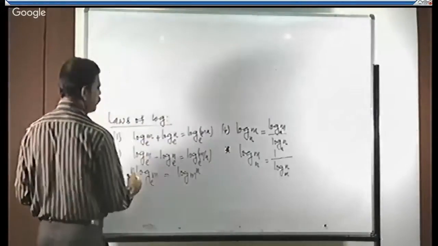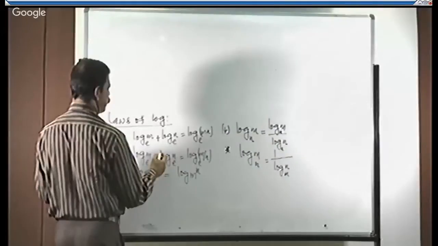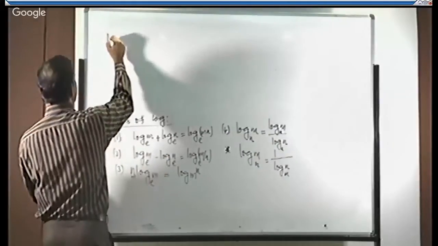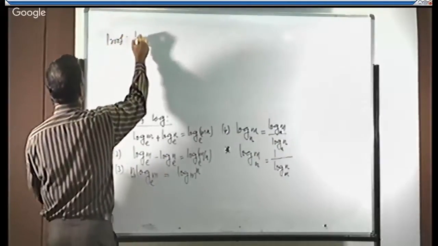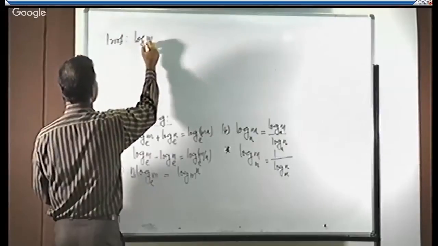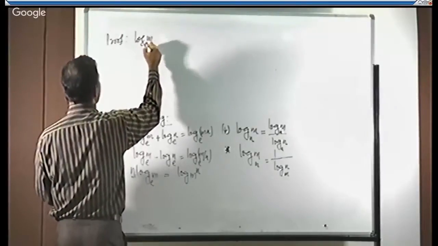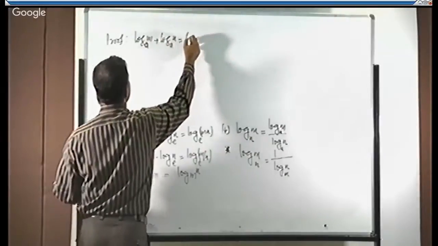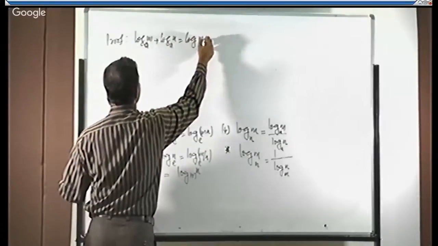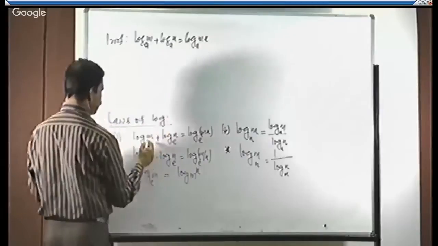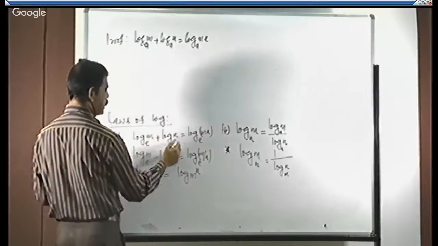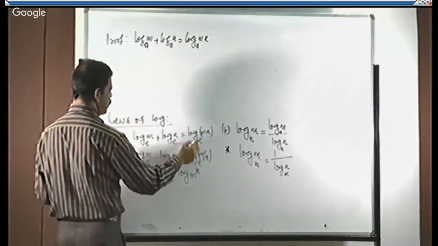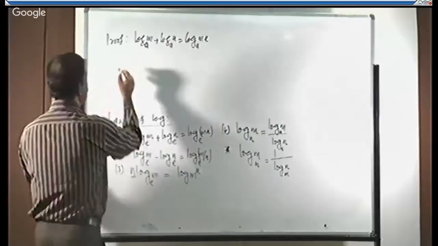To understand how they arise, I will show the proof of the first one: log m to the base a plus log n to the base a is equal to log of mn to the base a. Here I have taken e, but you can take a, b, any base.